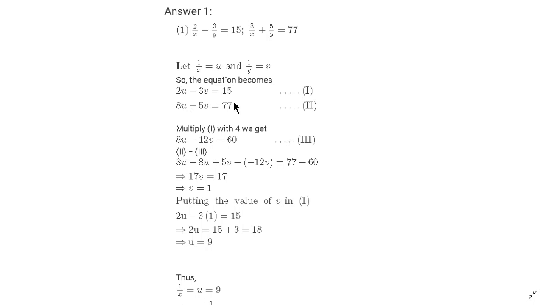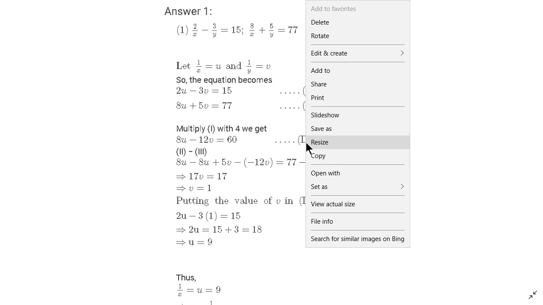So we will solve these equations now by our previous methods. We can use any of the methods. Basically, we will use the elimination method. We try to make the coefficients the same. If there is a 2 and 8, we can make the 2 into 8 by multiplying by 4.